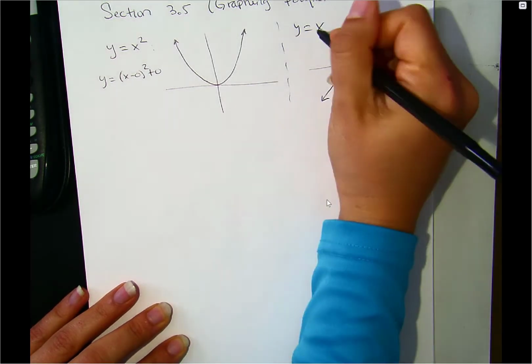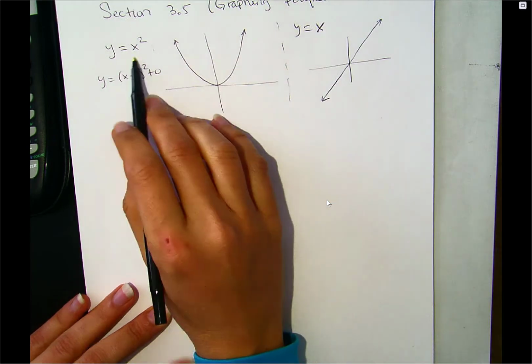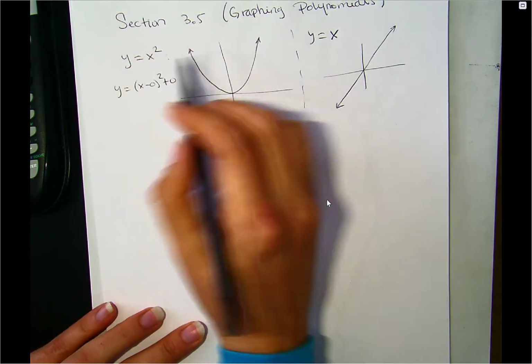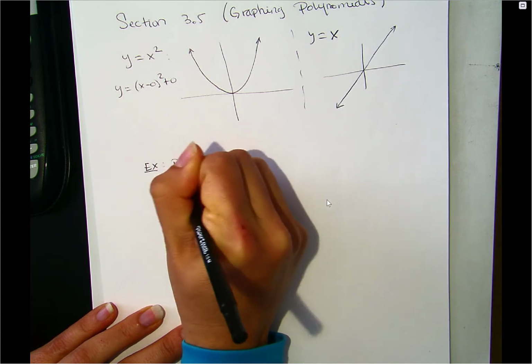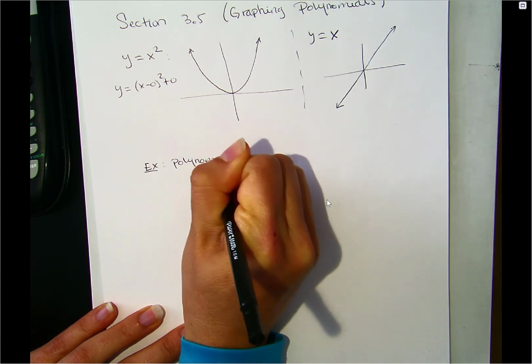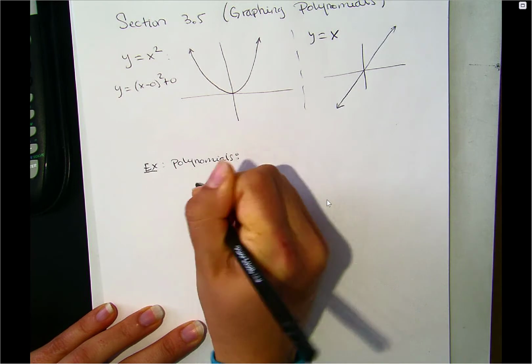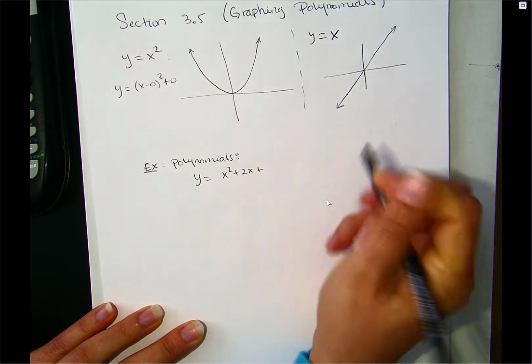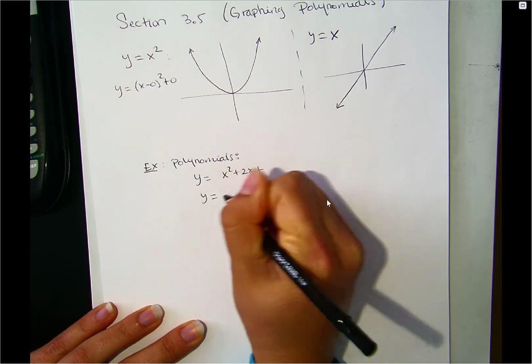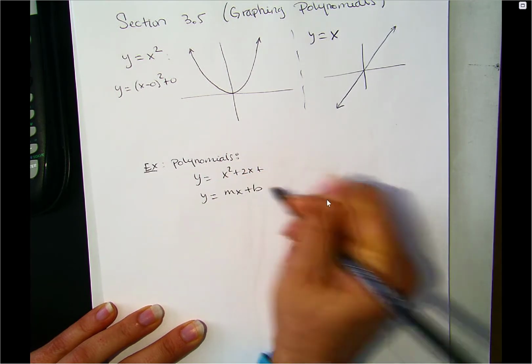So these are polynomials. A polynomial is something that has x to a power. So examples of polynomials: you could have y equals x squared plus 2x plus 1, y equals any linear equation, y equals mx plus b.